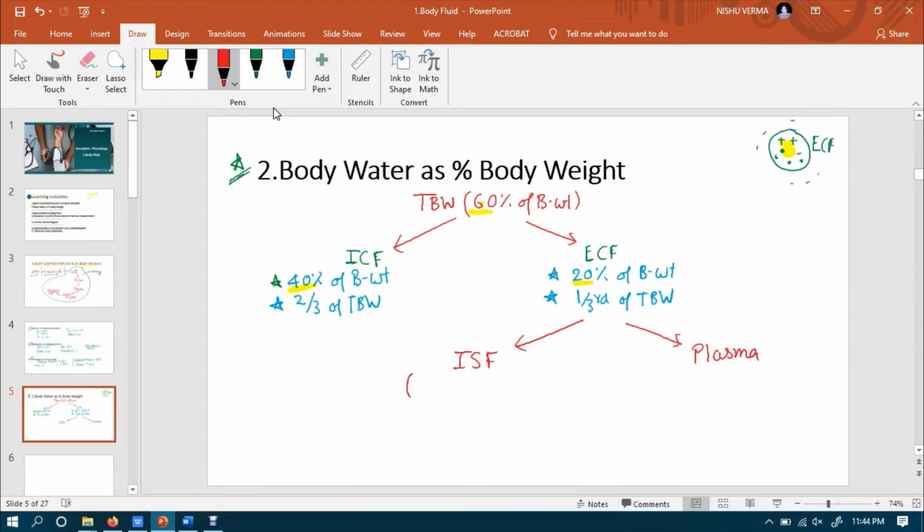It is 15% of the body weight, if you know the body weight, and also 3/4 of the ECF. And the plasma contributes only 5% of the body weight, and 1/4 of the ECF.